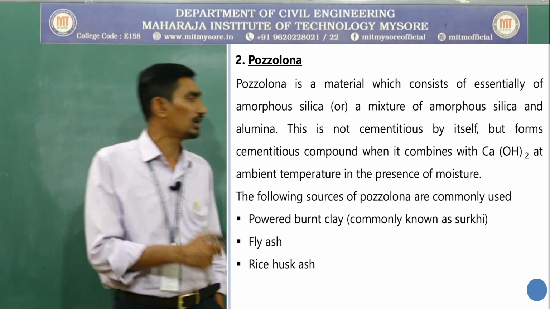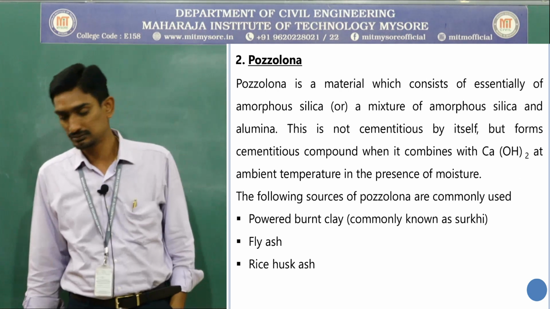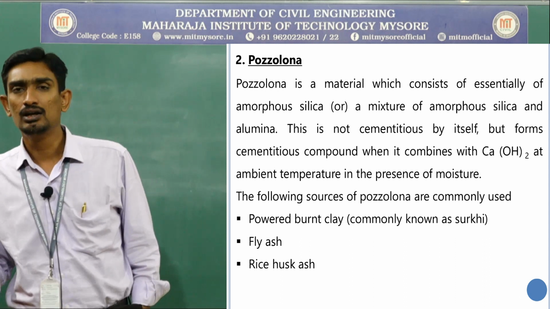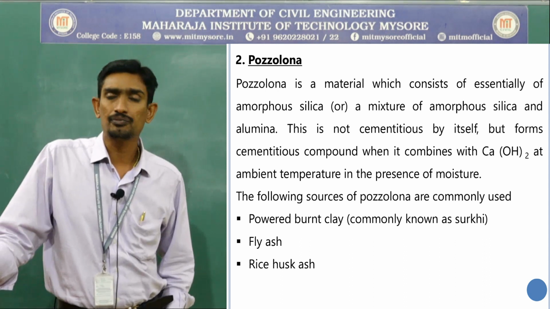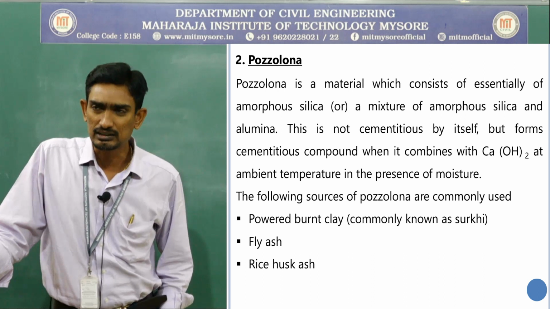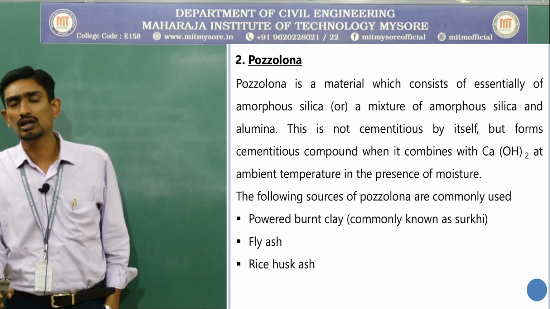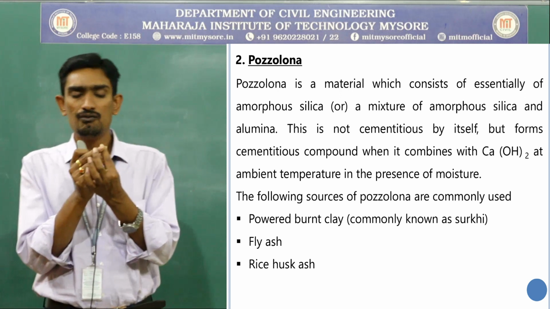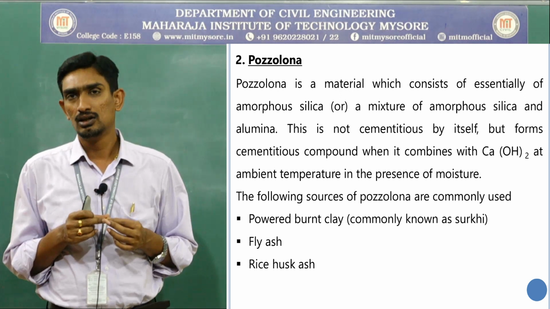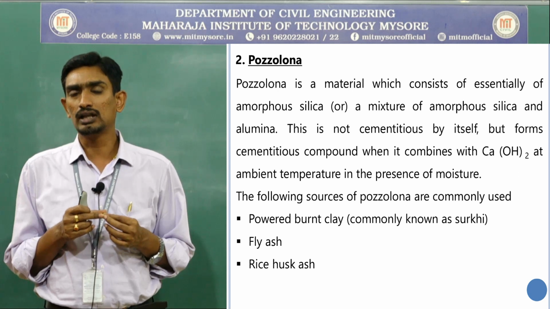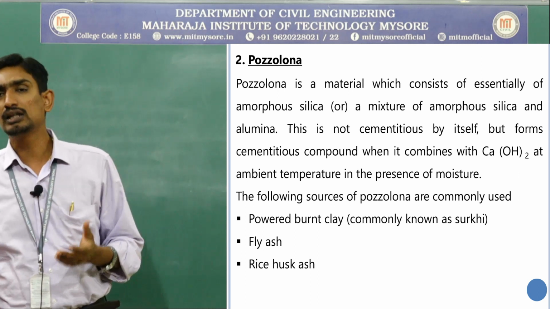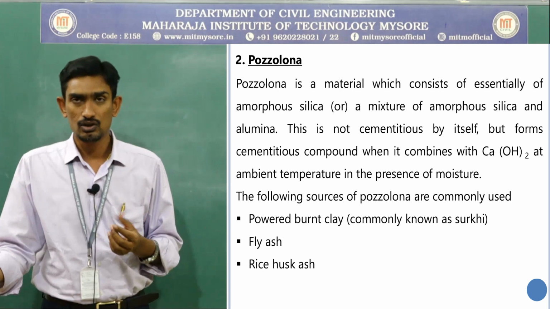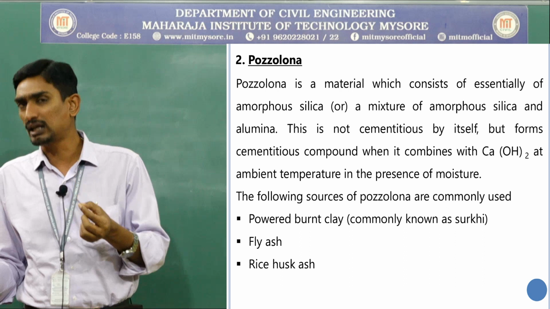The next material is rice husk ash. You know that the rice mill industries have rice, and that rice is covered by a husk. Those husks are removed in the rice mills to produce the rice. Those husks are a waste material.